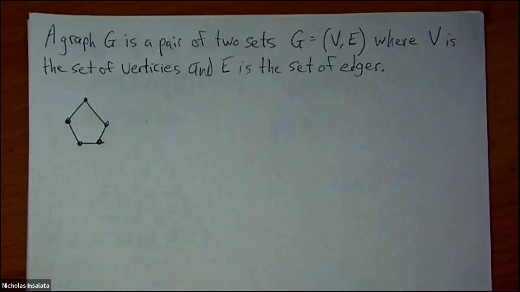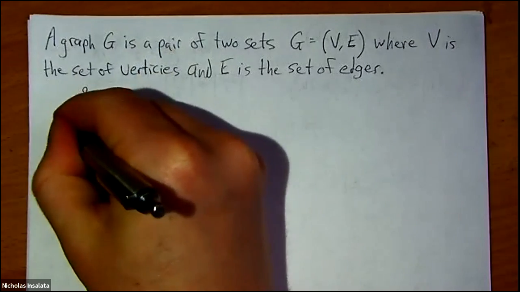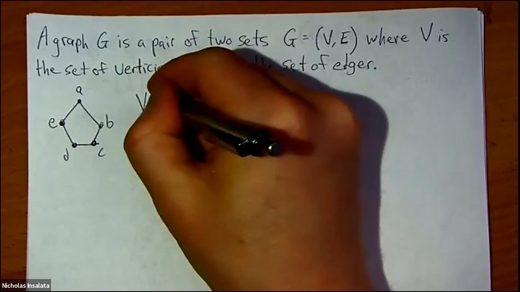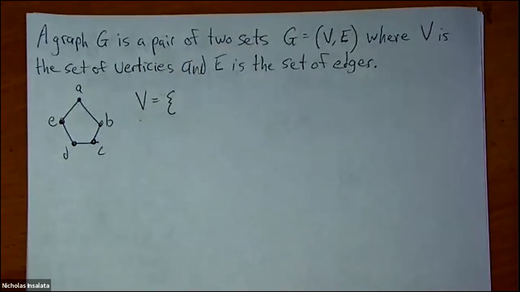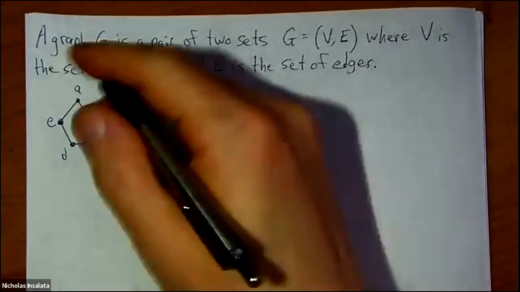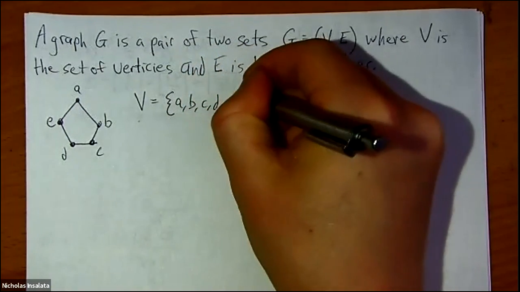So I could label these guys A, B, C, D, E. And so the vertex set in this case would be A through E, right? So I'll have A, B, C, D, and E.